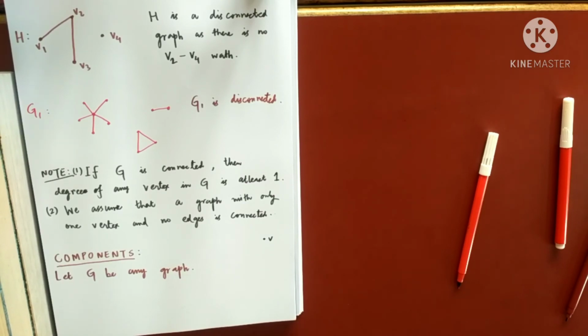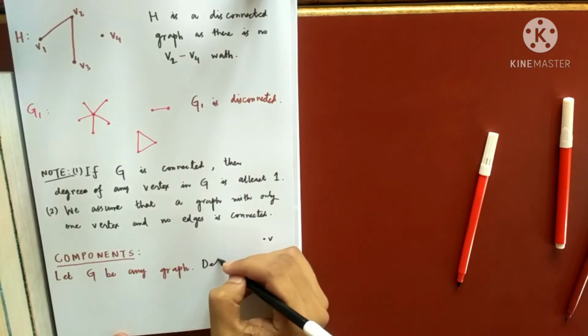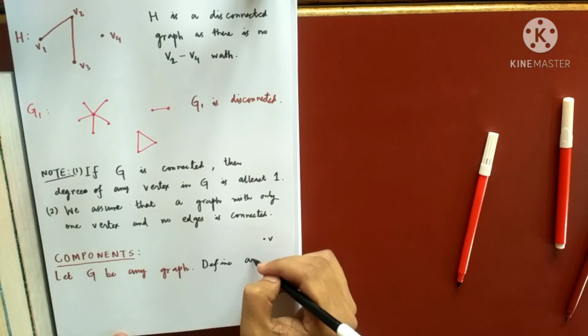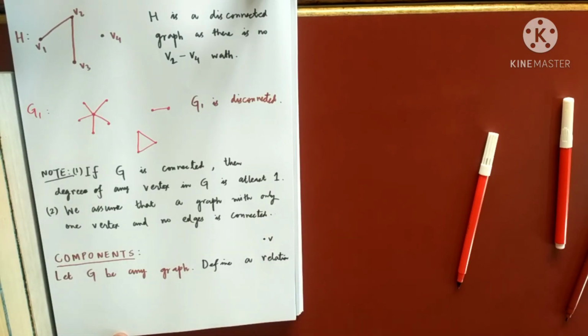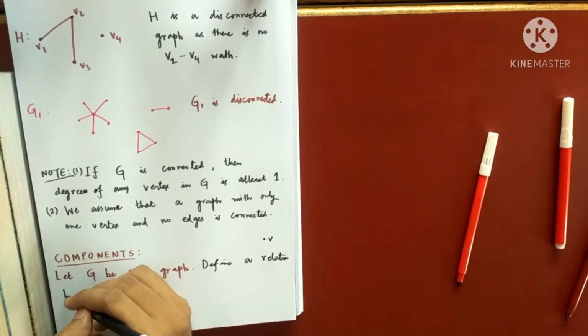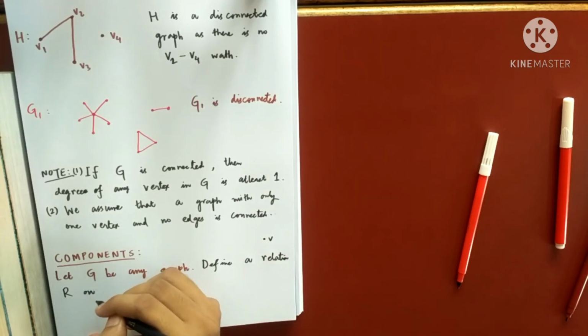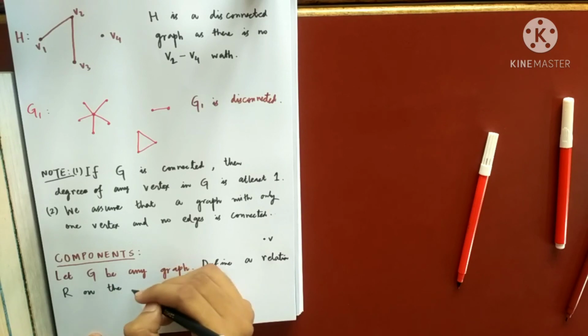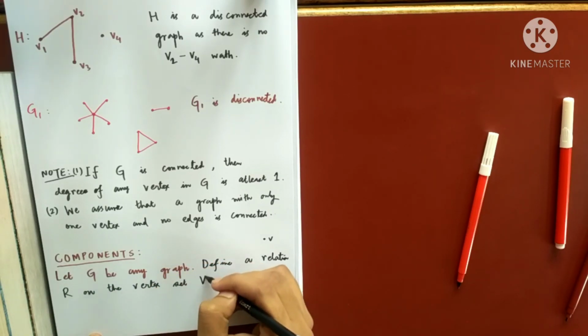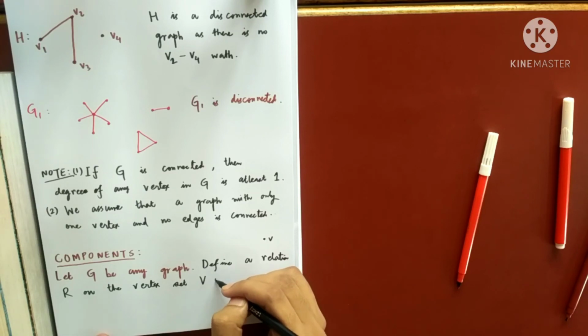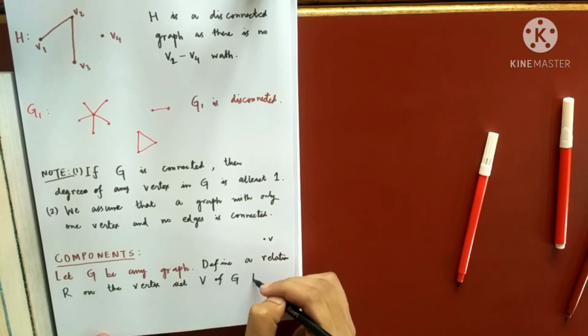We define a relation R on the vertex set V of G by this.